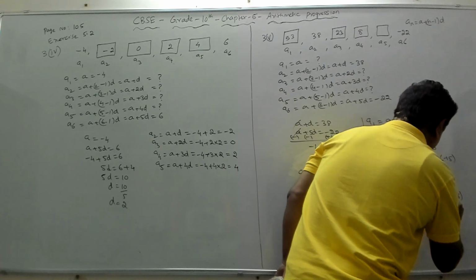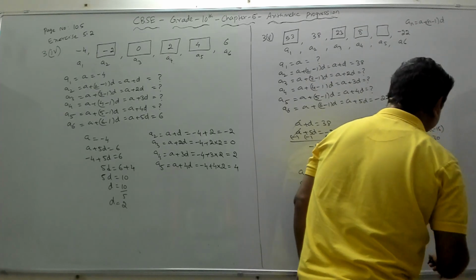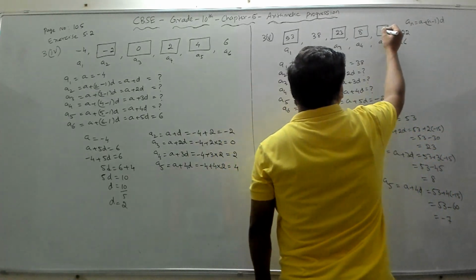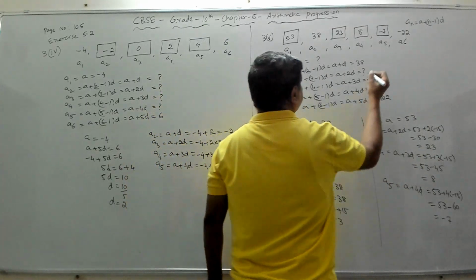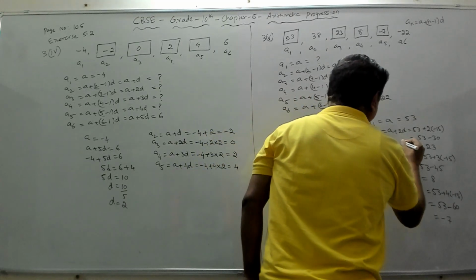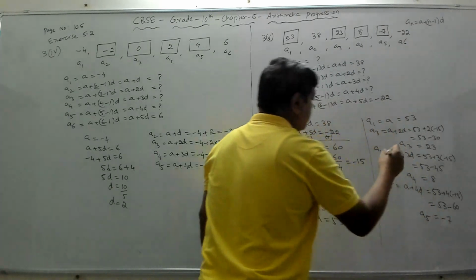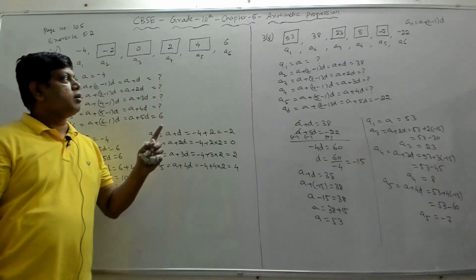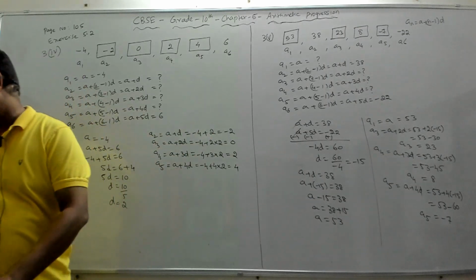That becomes 53 minus 60, which is minus 7. So your A5 is minus 7. So we have found all the terms, which are 53, 23, 8 and minus 7.